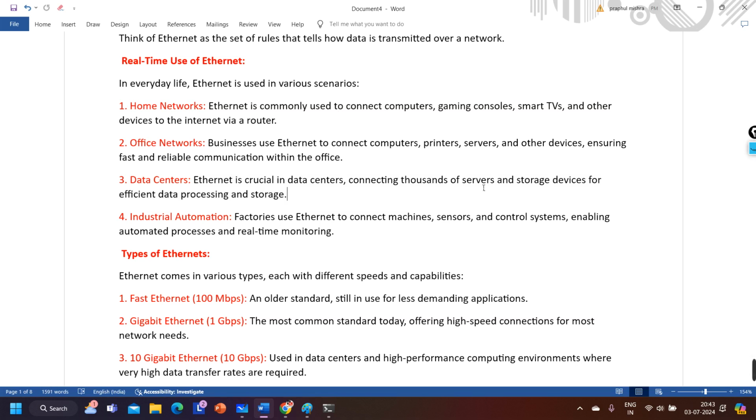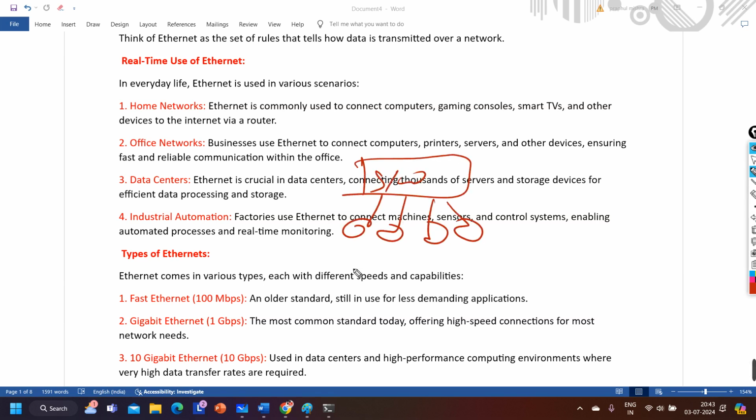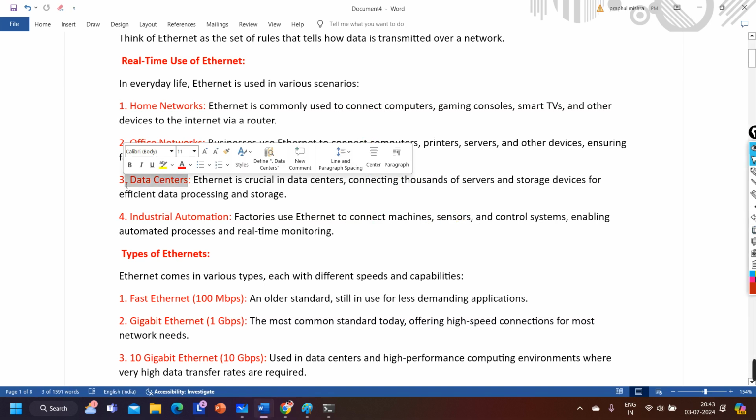In simulation software, or in CCNA, we always draw a diagram like this: a switch connected with a few computers, four computers. But in real time, all ports will be occupied on the switch. Even this switch will be in a stack, meaning multiple switches will be there. On a single switch, you will have lots of ports. So we are using it in data centers and enterprise companies, guys.